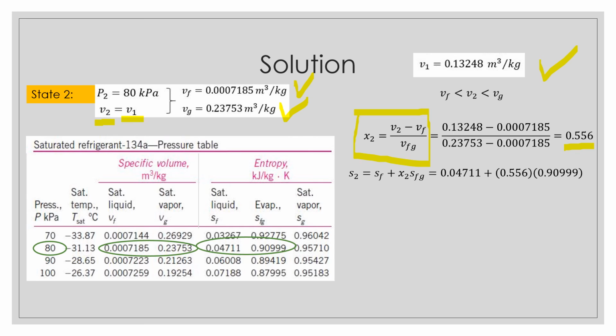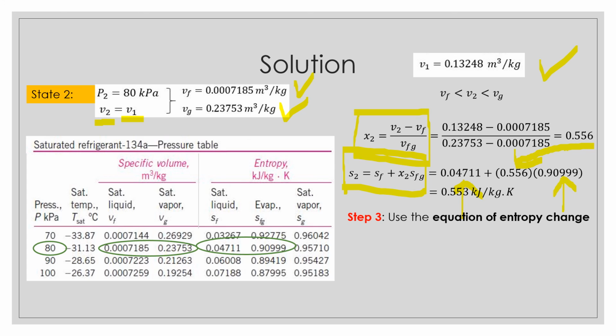Next, we apply this equation with the quality and the sf and sfg from the table, and we obtain the answer of 0.553 kilojoule per kilogram Kelvin.